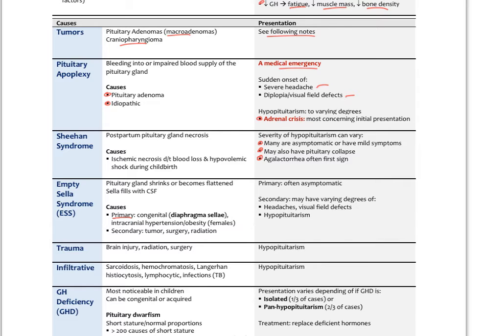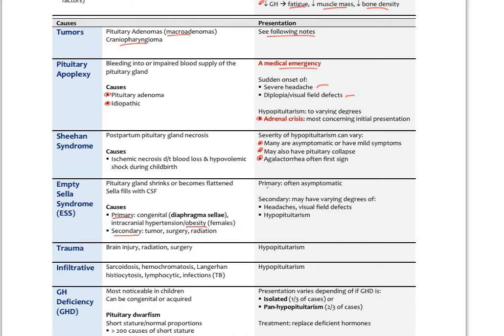It can also occur because of increased intracranial pressure and hypertension. Intracranial hypertension, and this happens more commonly in females that have higher BMI, and so with hypertension in general. And then secondary causes would be tumors, surgery, or radiation. So that's empty sella syndrome.